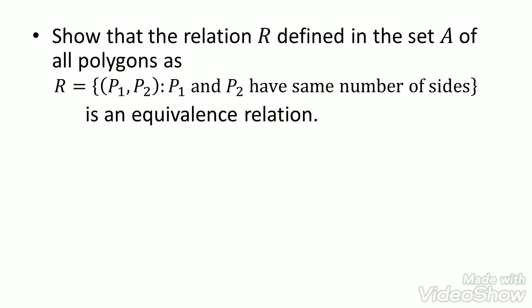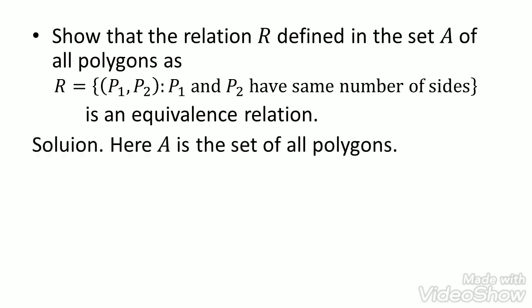Therefore P1 and P2 are polygons on a plane, and R is the relation such that two polygons will relate to each other if and only if the number of sides of them are the same. So we need to show that R is an equivalence relation.